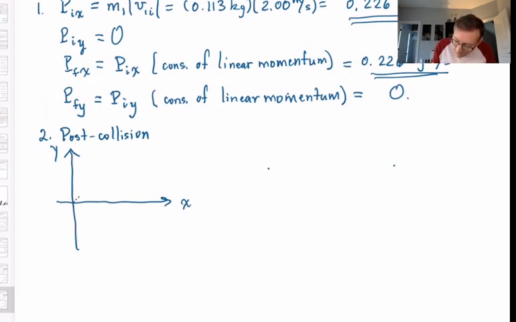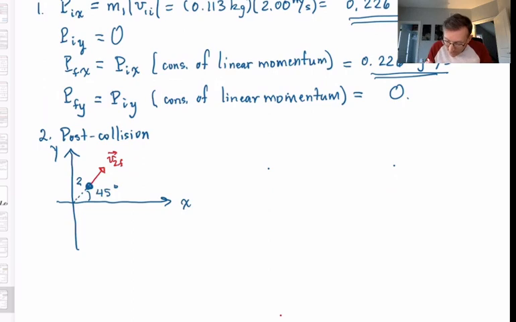Afterwards, particle 2, the blue one, has a velocity v2 final, like so, at an angle 45 degrees to plus x. I know that from the animation.